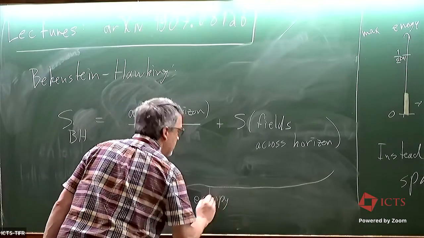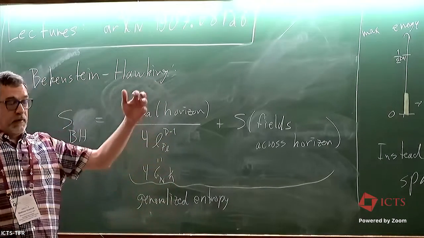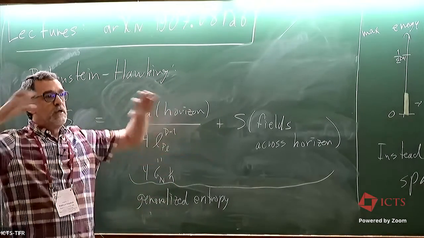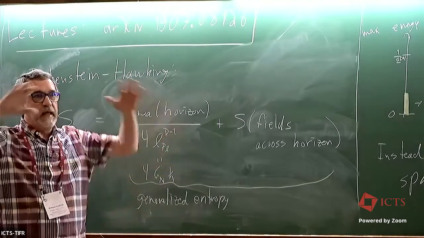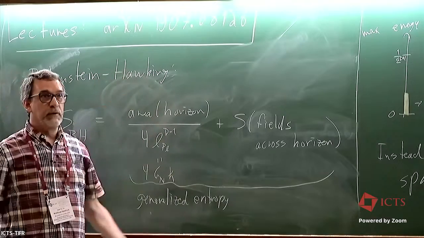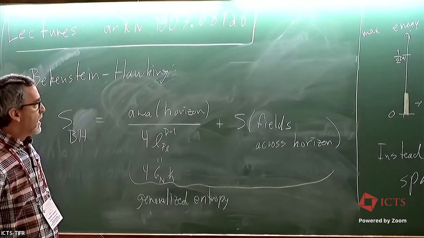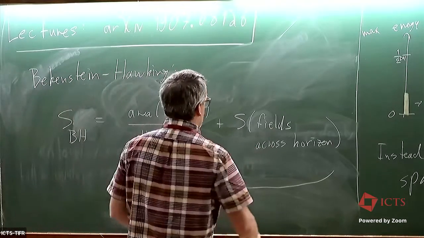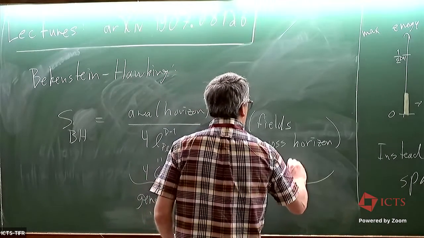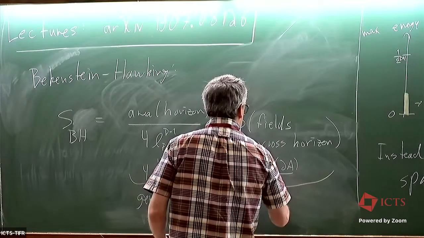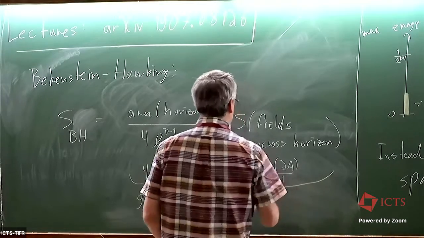So what is a generalized entropy? If you have a gravitational theory and you take a region of space, the generalized entropy is the entropy plus the area of the boundary of that region, okay? And this we know is approximately given by the area of that boundary in units of the cutoff.